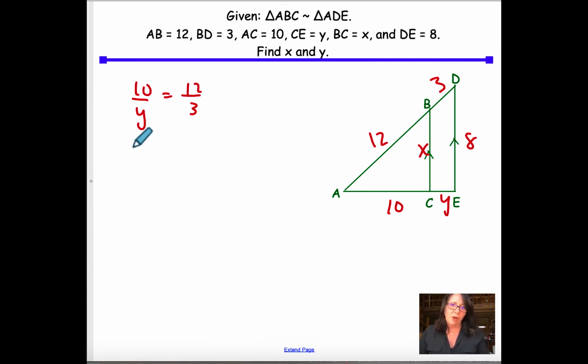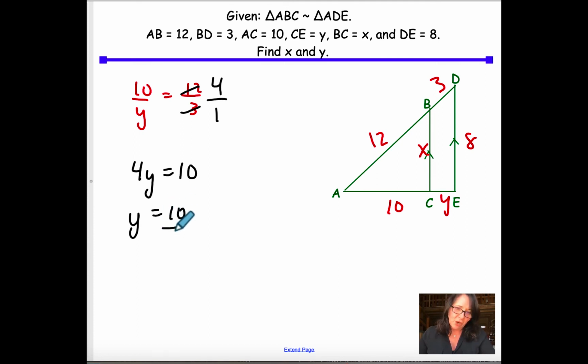So I could cross multiply. Actually, again, look here. 12 over 3 is just 4 over 1. So when I cross multiply, I get 4y is equal to 10 times 1. Y is equal to 10 over 4, which, if I divide by 2, I get 5 over 2, 5 halves. So y is equal to 2.5 or 5 halves.